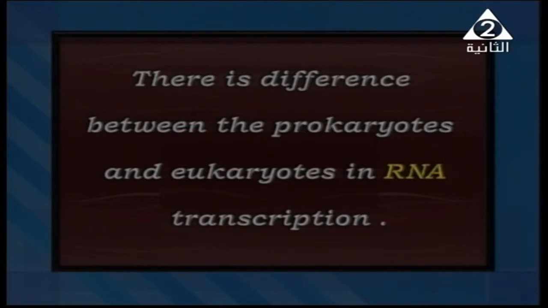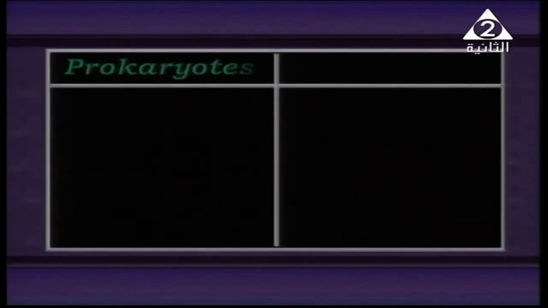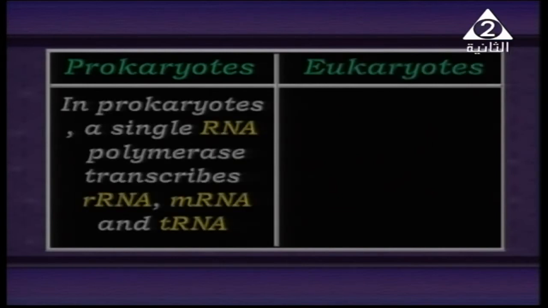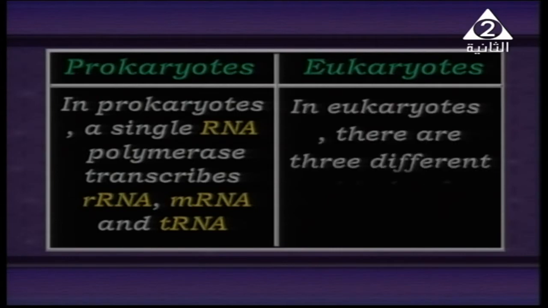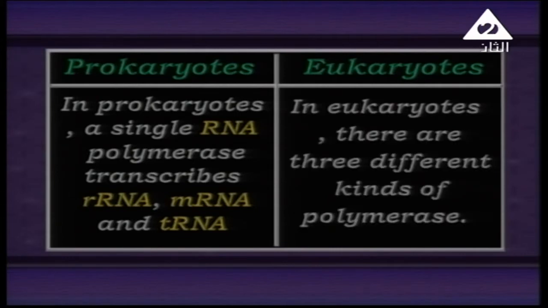There is a difference between the prokaryotes and eukaryotes in RNA transcription. In prokaryotes, a single RNA polymerase transcribes RNA, mRNA, and tRNA. But in eukaryotes, there are 3 different kinds of polymerase.